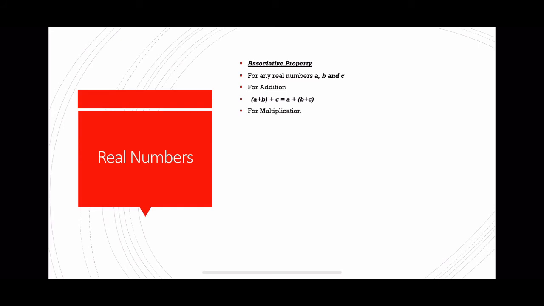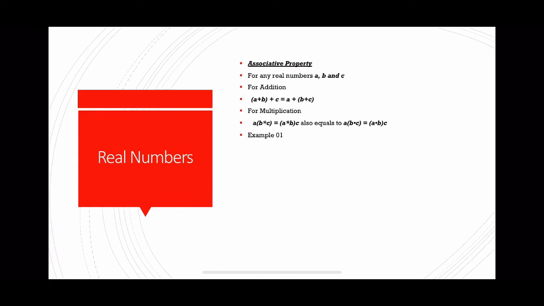And for multiplication, it may appear like this: a multiplied by (b asterisk c) is equal to (a asterisk b) multiplied by c, or also equal to a multiplied by (b dotted with c) is equal to (a dotted with b) multiplied by c.